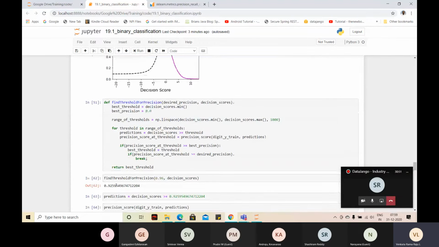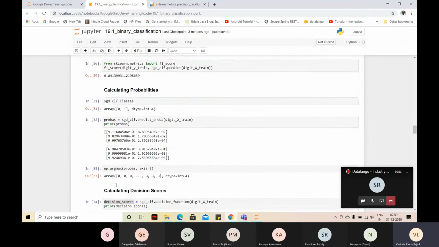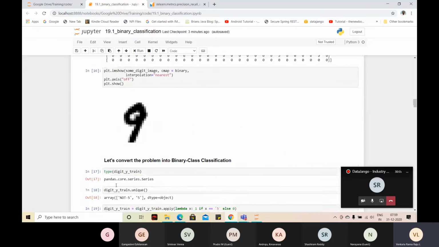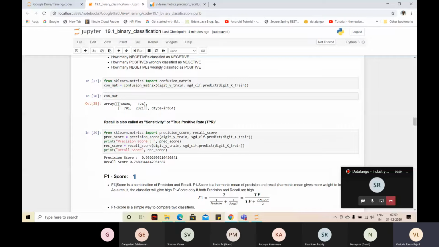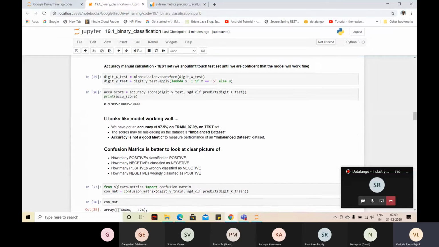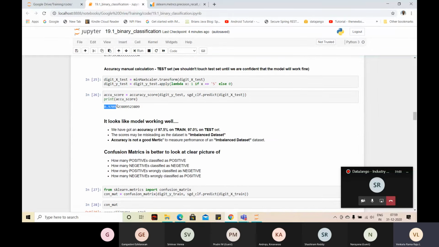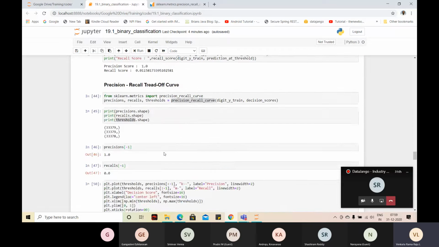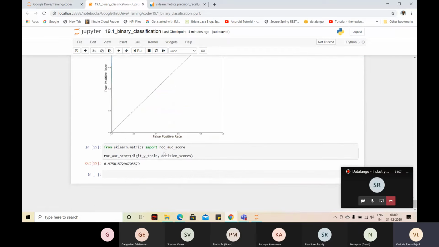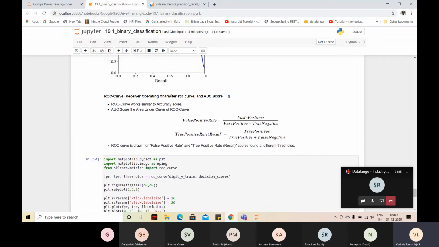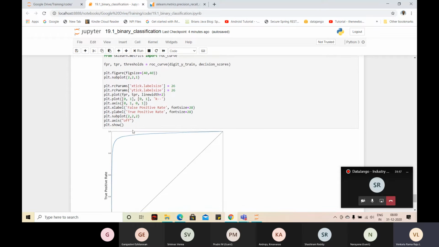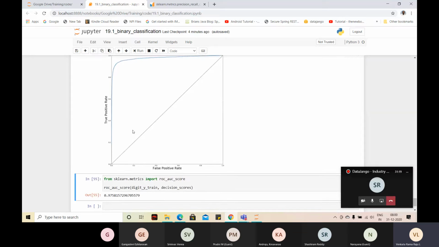If you look at the accuracy score, see this, 97.09. It's almost like the accuracy score. So this we call the ROC curve, and then the AUC score.